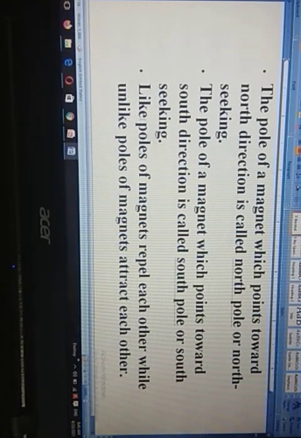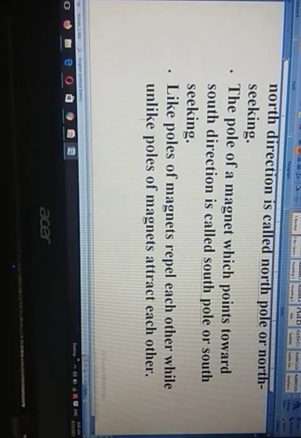We know that like poles of a magnet always repel each other, while unlike poles attract each other. A magnet always attracts materials like iron, cobalt and nickel. The attraction is maximum at the ends, called poles of a magnet, the north pole and south pole.